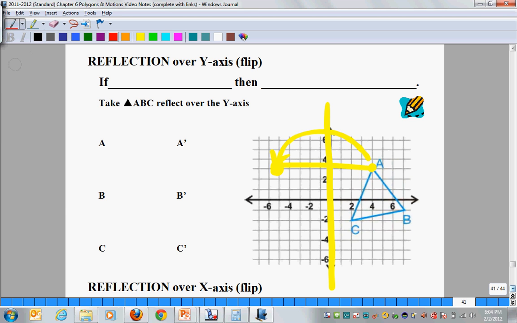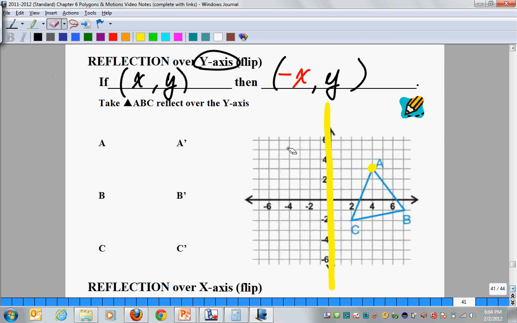So this seems counterintuitive, but if you have an x and a y, and we flip over the y-axis, all you do is you're going to opposite the x component and leave the y component alone. So to flip over the y, you simply opposite the x. Let's actually do this so you can see how it works.